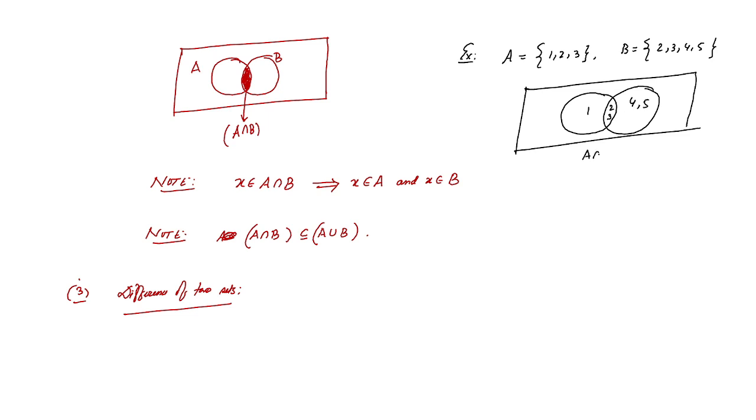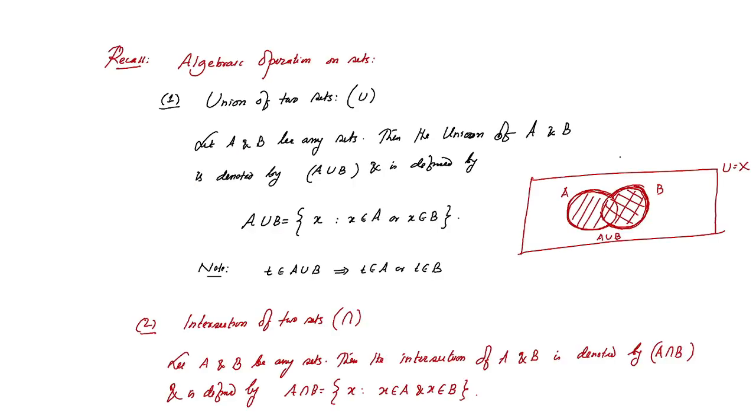Let's see here A intersection B, this is basically 2, 3. That means 2 belongs to A and 2 belongs to B, so 2 belongs to A intersection B. Again, for the union, A is 1, 2, 3 and B is 2, 3, 4, 5. So what will be the union? There will be 2, 3, 1, 4, 5. So A union B will be 1, 2, 3, 4, 5.